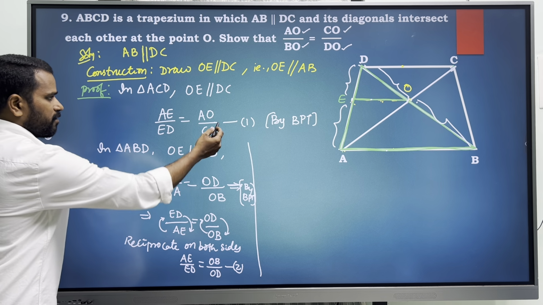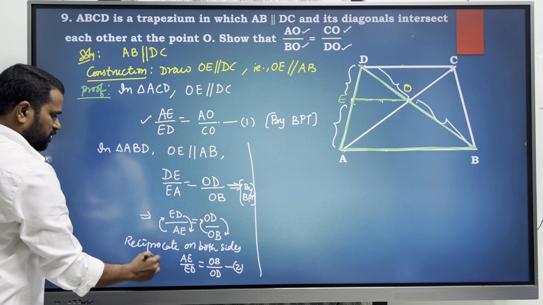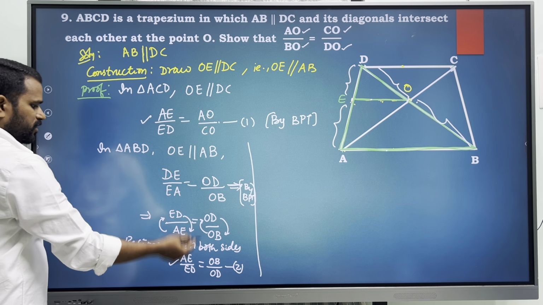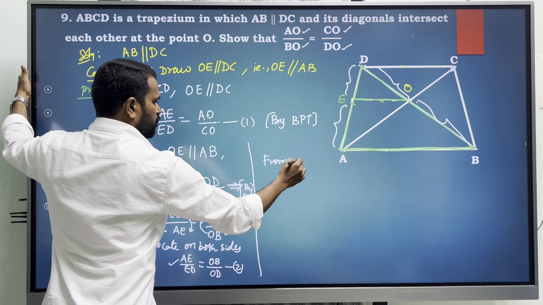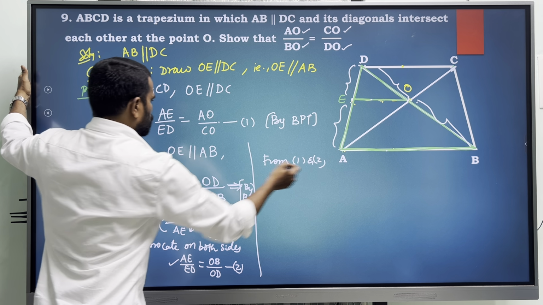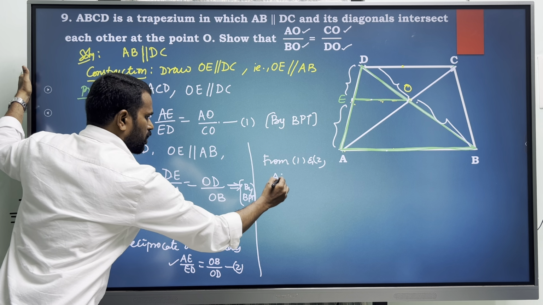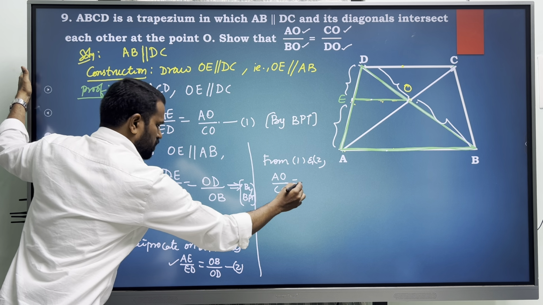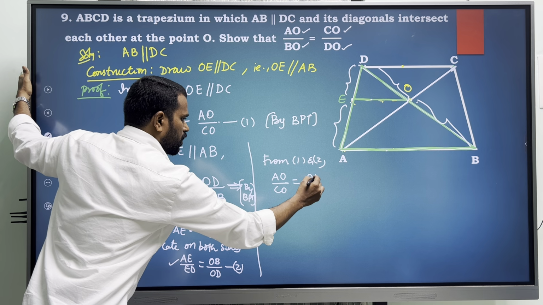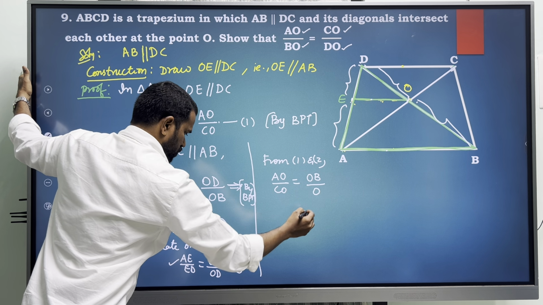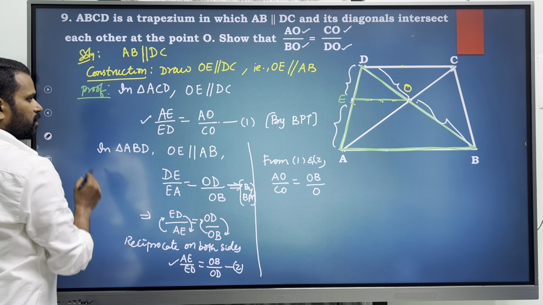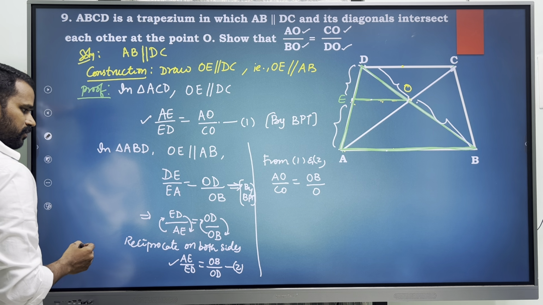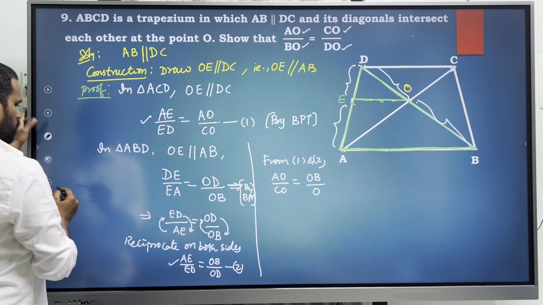From equations 1 and 2, the LHS is the same, so the RHS should be the same. That is, AO by CO is equal to OB by OD.